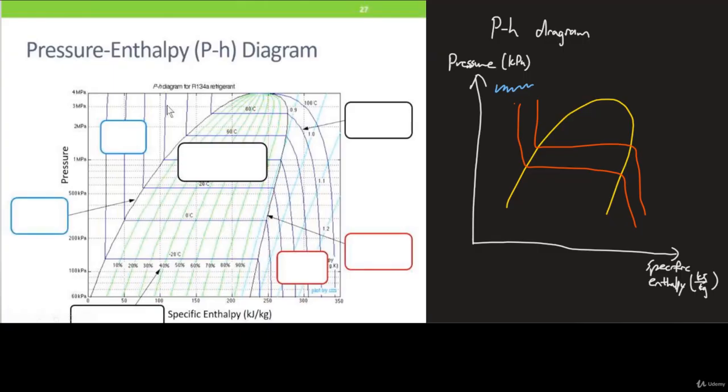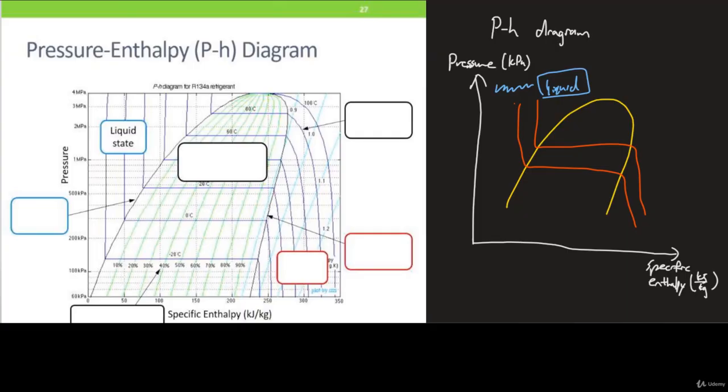This part of the chart represents the liquid state. That is to say, if you have a refrigerant at a certain pressure and temperature, and you plot that point in this region, it exists as a liquid. Just like H2O at 30 degrees Celsius at atmospheric pressure, it exists as a liquid, the water that we know.